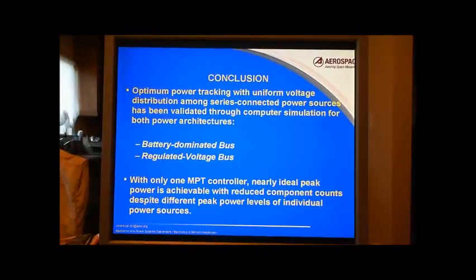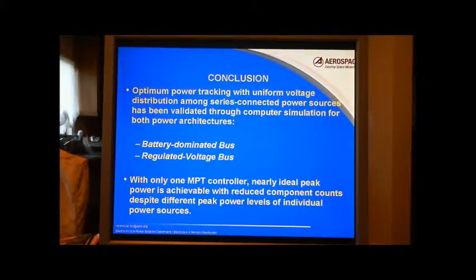In conclusion, optimum power tracking with uniform voltage distribution among series connected power sources has been validated through computer simulation for both power architectures, battery dominated bus and regulated voltage bus.